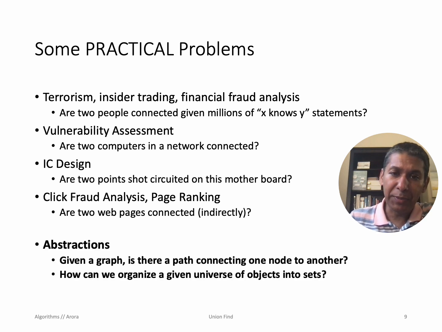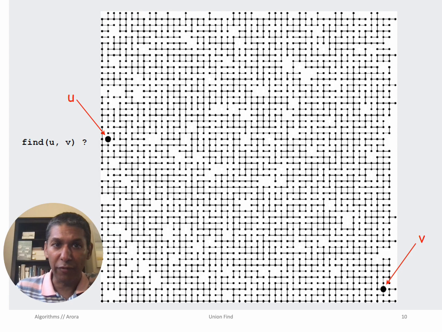The general abstraction is that, given a graph, are these two nodes connected to each other? Another abstraction is that, given this universe, how can we organize these elements into sets? Exactly why it's called union find.